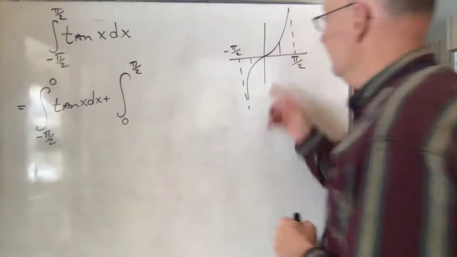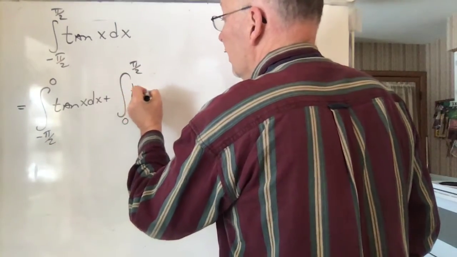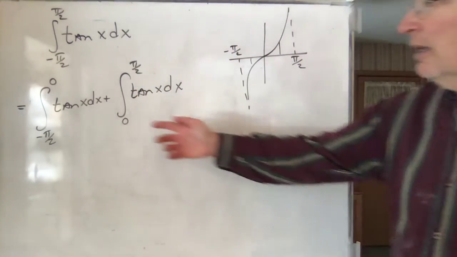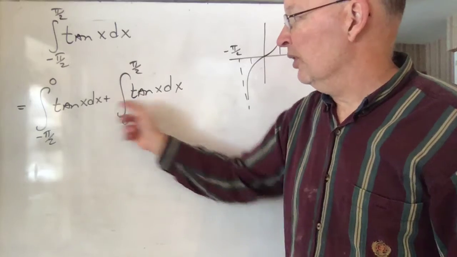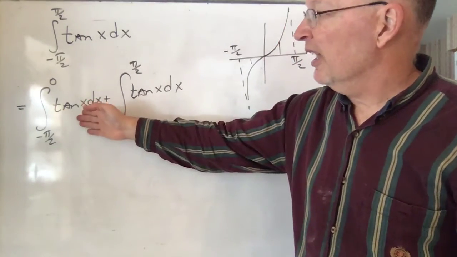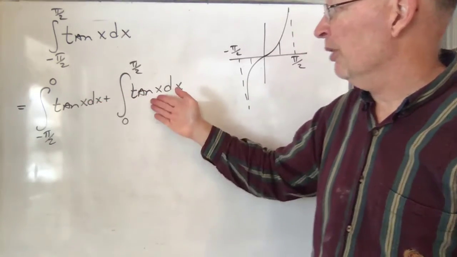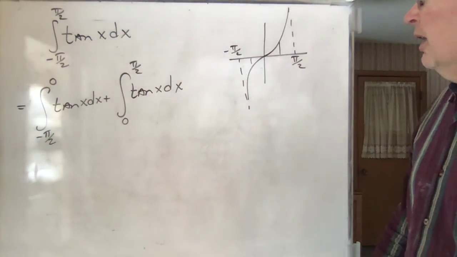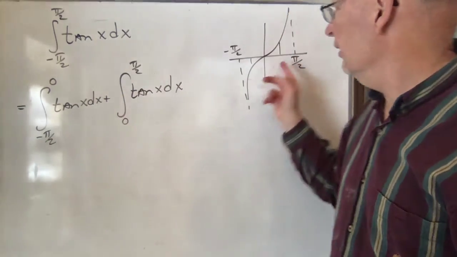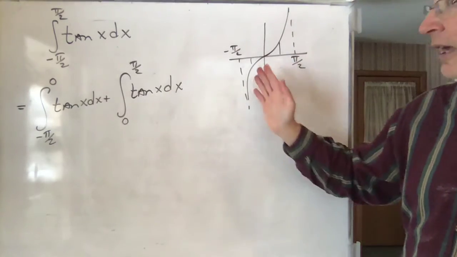And again, you wouldn't have to let 0 be your middle point, but it's just as easy right there. And then you have to do each one separately and see what each one is. If they both end up being finite numbers, if this is negative 7 and this is positive 7, then you can add them together. Negative 7 plus 7 is equal to 0. If they end up going to infinity, so that this is minus infinity here and this is positive infinity here, then you're going to have to say diverges.